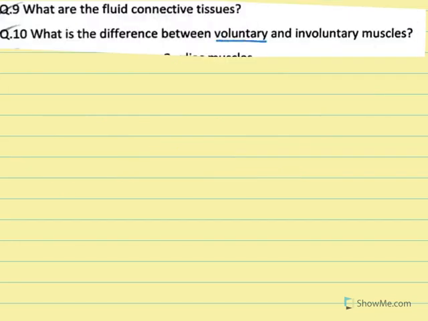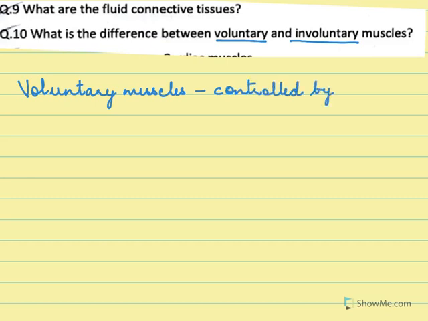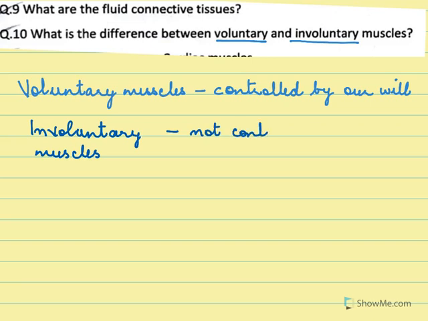What is the difference between voluntary and involuntary muscles? The main difference is from the name. Voluntary muscles are muscles that are controlled by our will. And involuntary muscles are not controlled by our will.